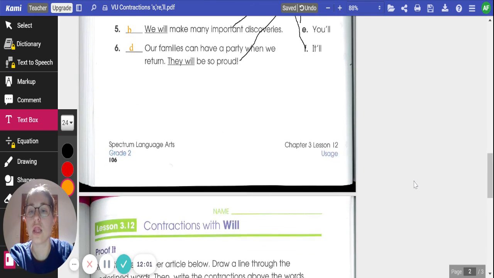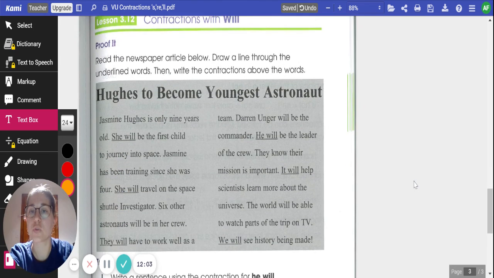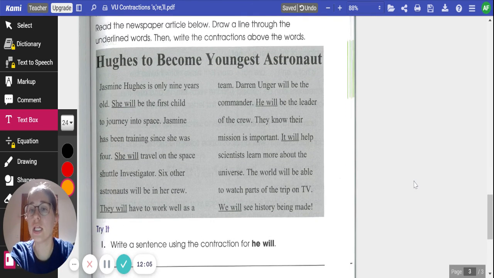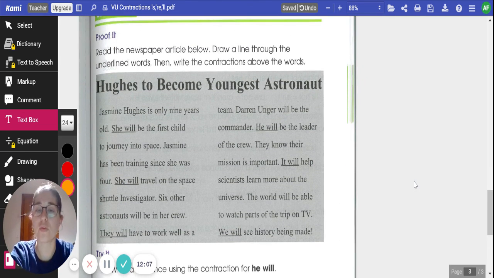Okay. And for our last part of practice, we're going to look at contractions with will. Remember, that means apostrophe L-L. We're going to read the newspaper article and draw a line through the underlined words. Then you're going to write the contractions that will replace those words.